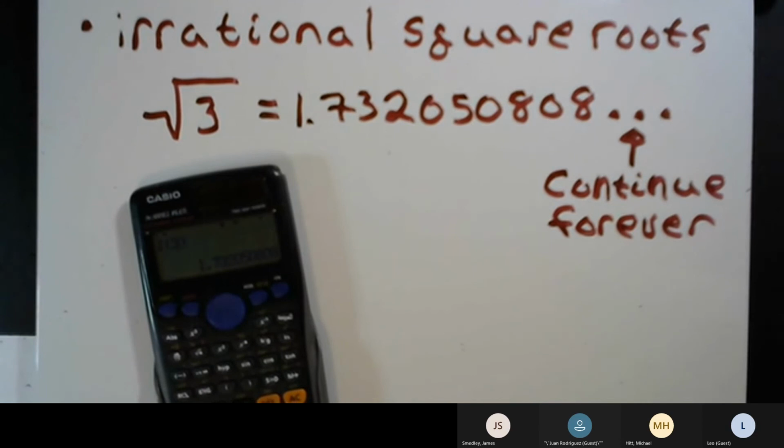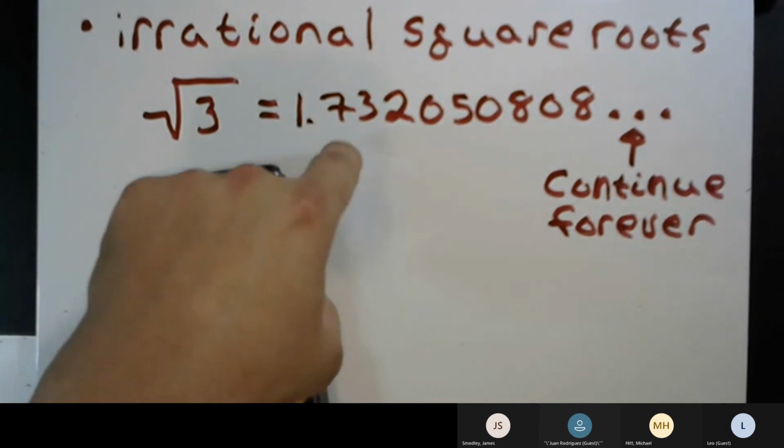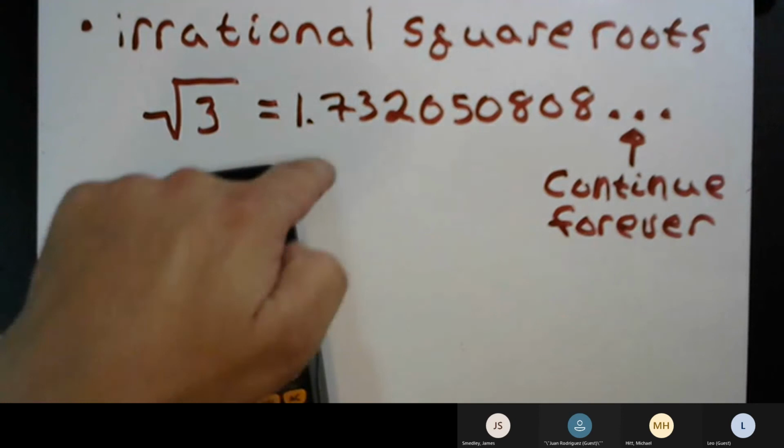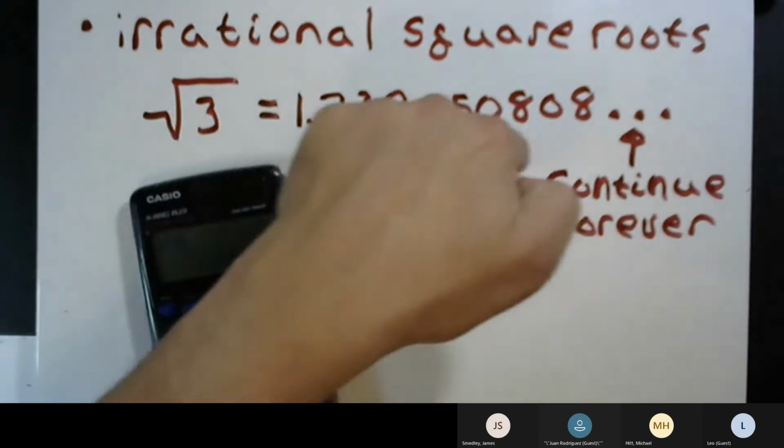And what we mean by an irrational number is that the decimals go on forever, but unlike other numbers we've seen where the decimals go on forever, like 1/3 or 2/3, you can't represent this as a fraction.